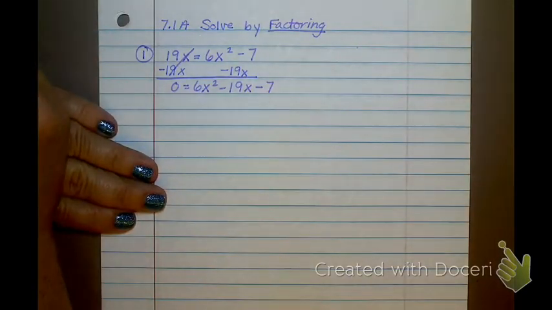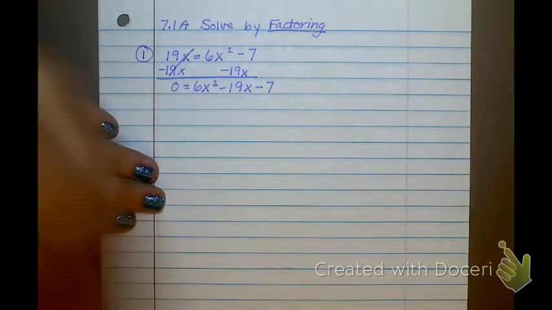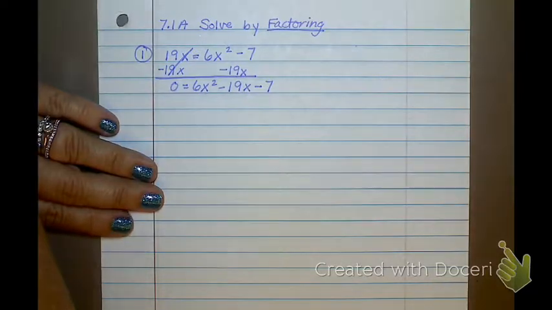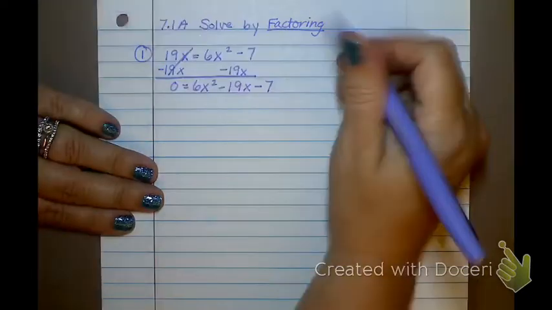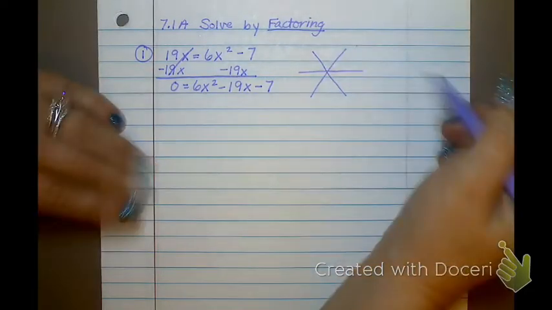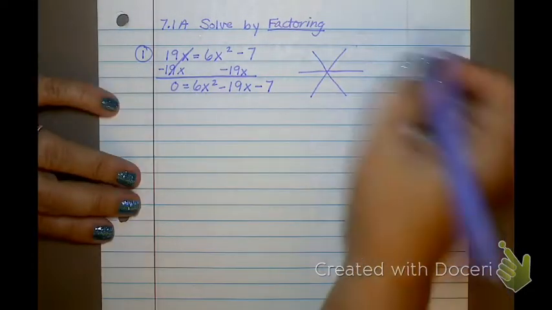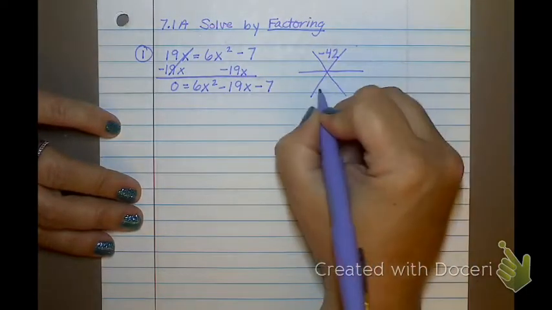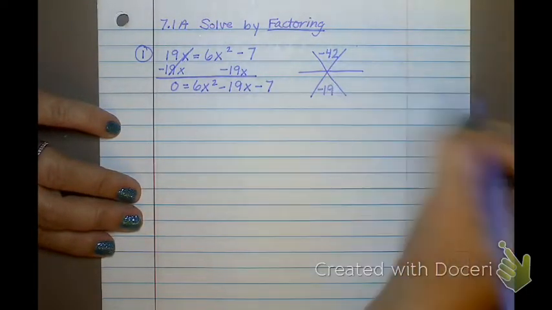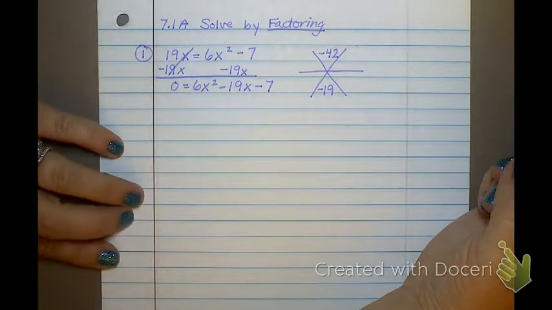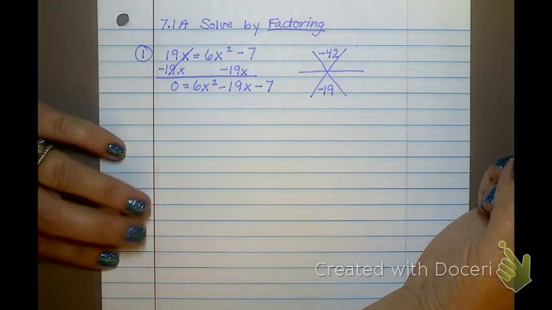Yes? Okay. What kind of factoring would I use here? I'd use the snowflake or the super x, right? What would go on top? 6 times negative 7, which is negative 42. And on the bottom, what are two numbers that multiply to get negative 42 and add to get negative 19?